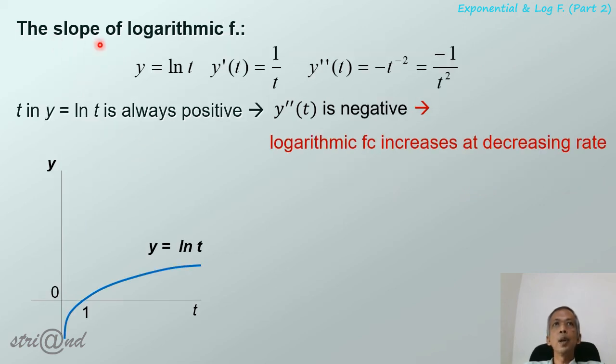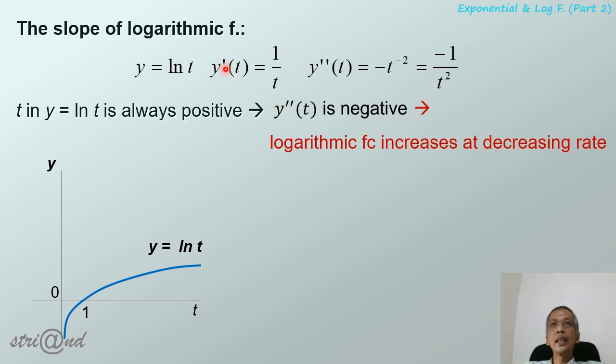And then the slope of logarithmic function. This is the logarithmic function, y equals the natural logarithm of t, and this is the shape of the graph. The first derivative of this y equals the natural logarithm of t is 1 over t.